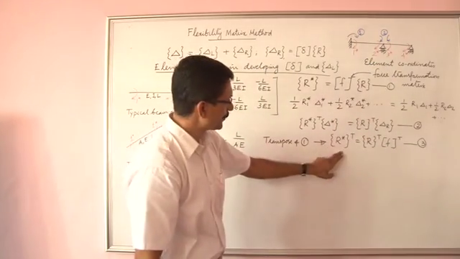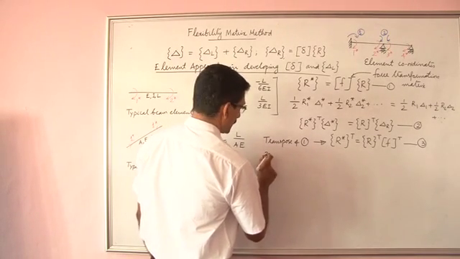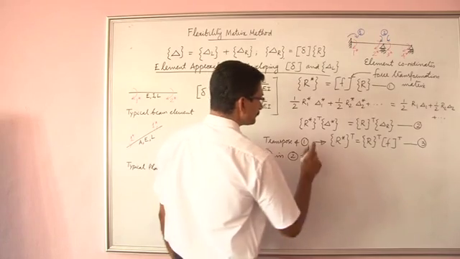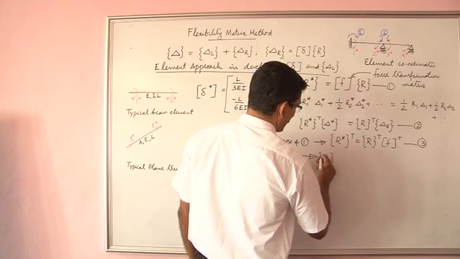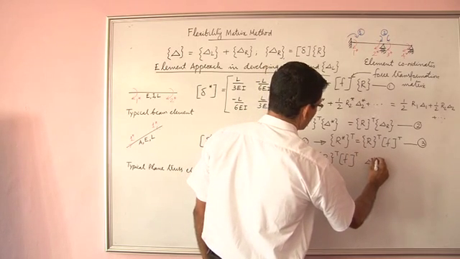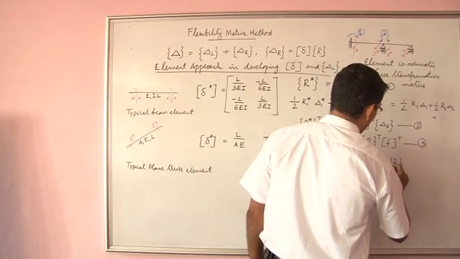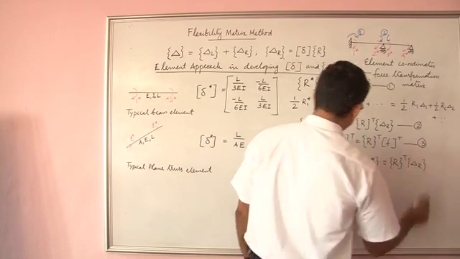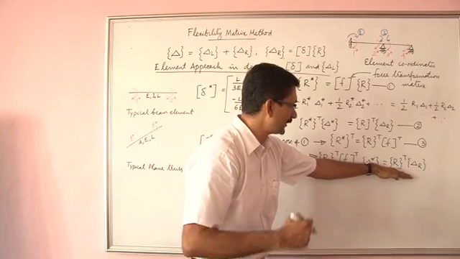If you substitute equation number 3 in equation number 2, we will end up replacing R star transpose with the right hand side of this equation: R transpose F transpose delta star is equal to R transpose delta R. We can observe that R transpose is here as a first term, and R transpose is on the right hand side as a first term.